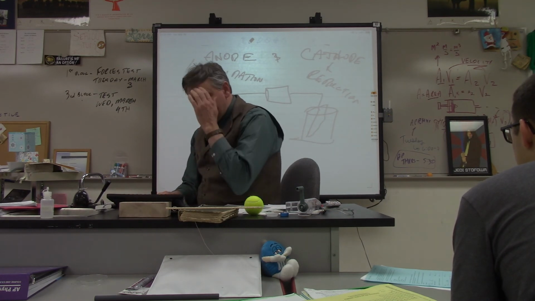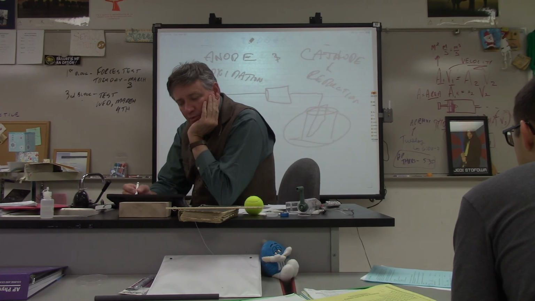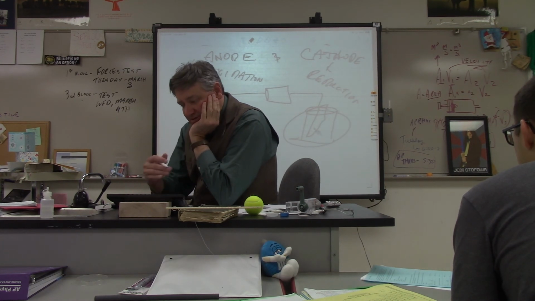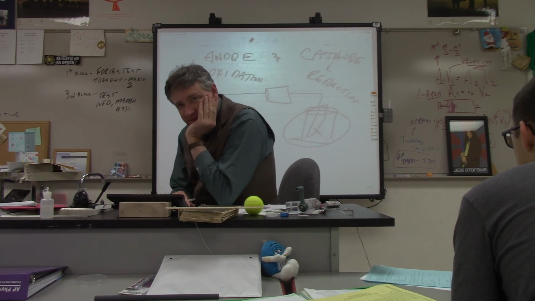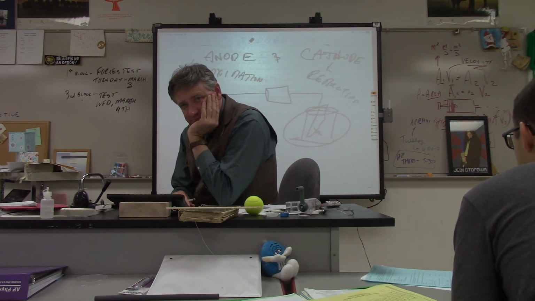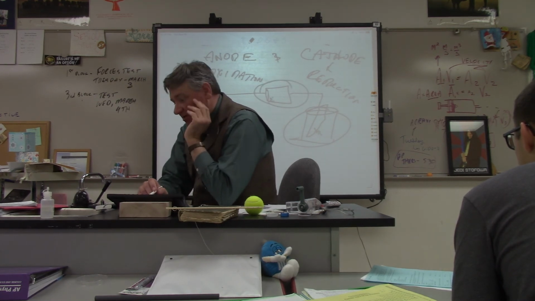If I want to make this happen, the metal that I pick over here, is it going to be above copper or below copper on the reduction chart? Above. I want to make this reaction happen spontaneously.